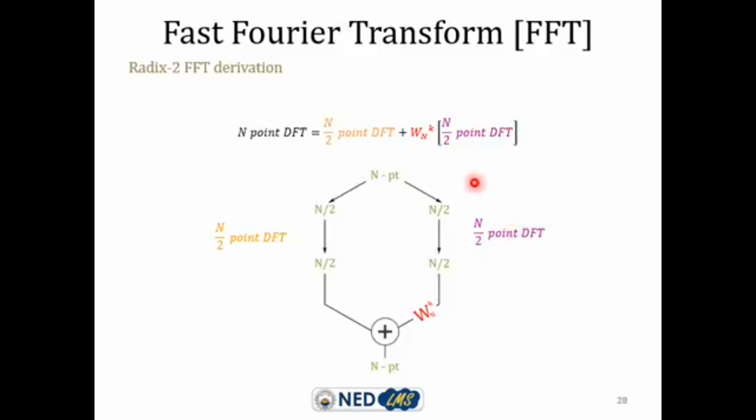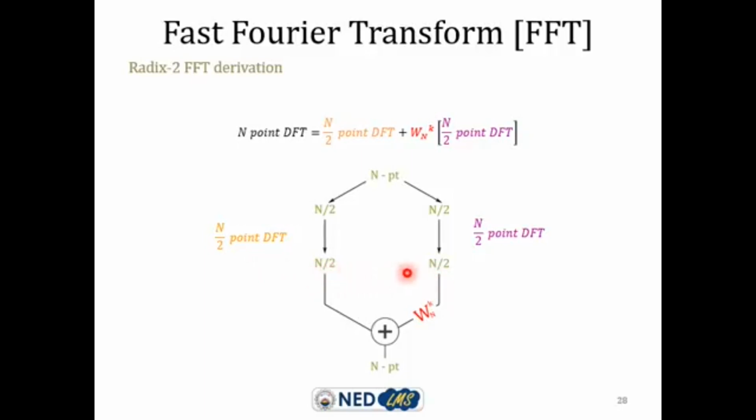Now, this is the overall summary of the radix-2 FFT algorithm. We can divide or split an N-point sequence into two sequences of equal lengths, where each sequence contains N by 2 samples. Now we will take N by 2 point DFT on both sequences, and on taking N by 2 point DFT we will observe N by 2 samples as an output.